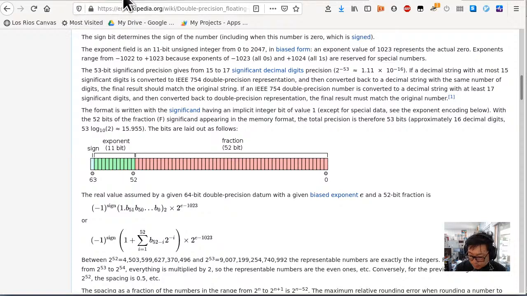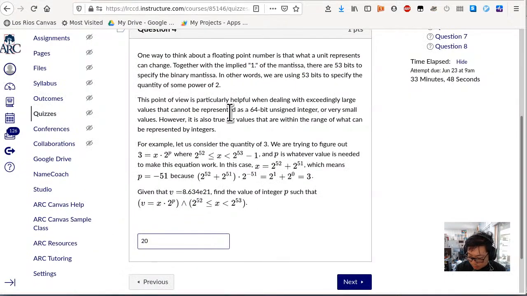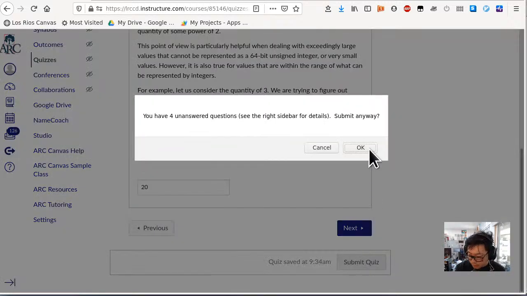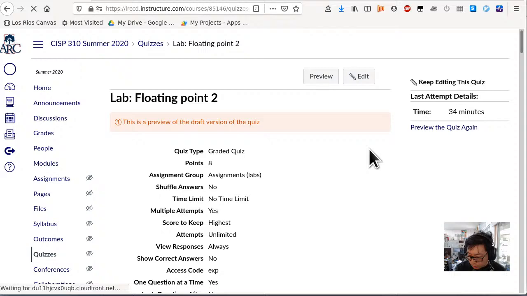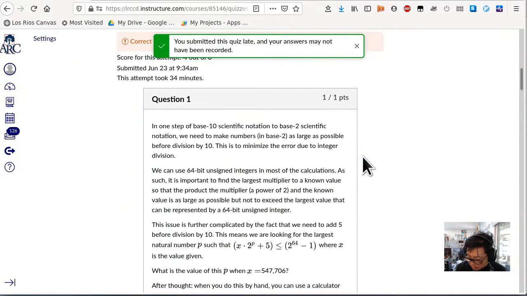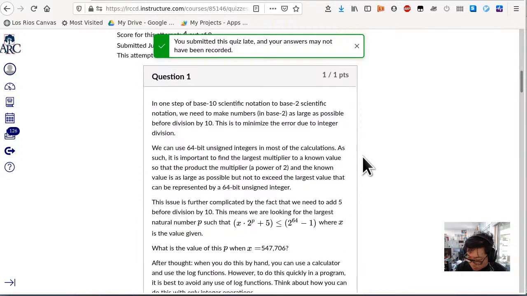All right, so let's go back to the notes. Well, before we do that, let me submit the quiz first, because I want to make sure that I get full points for the 4 questions that I did answer. Okay, so that one is good, right?